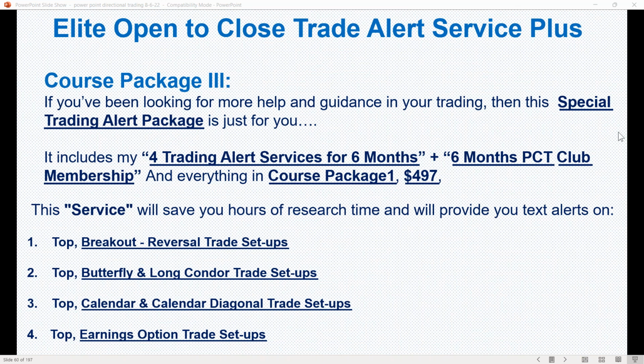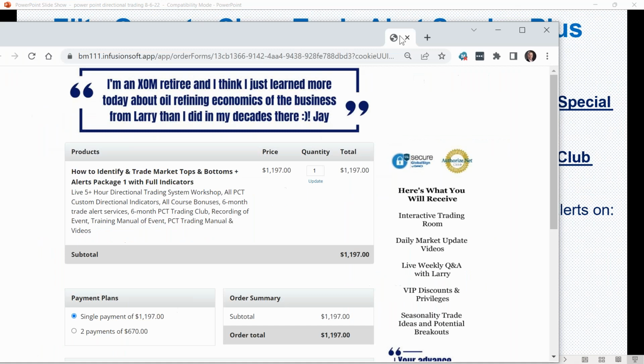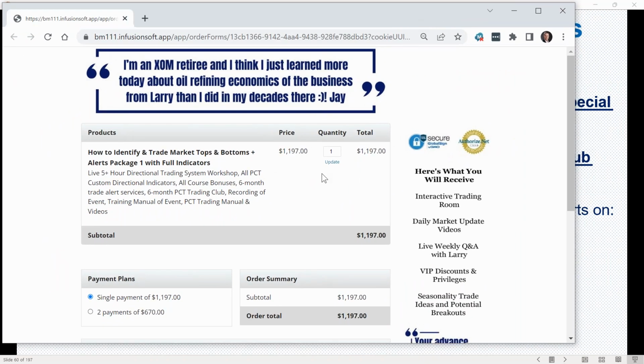This is the alert service, all 4 services for 6 months, plus everything in course package 1, all the indicators, all the bonuses, etc. If you want to do this one, it's $1,197.